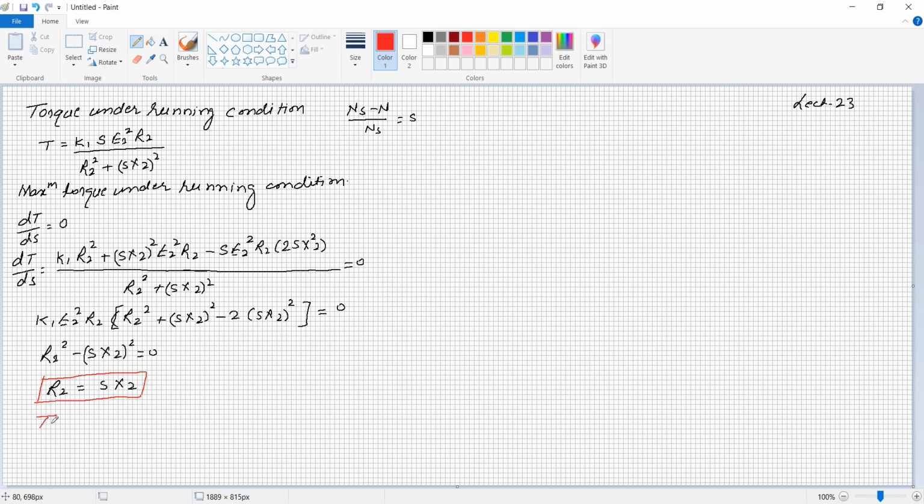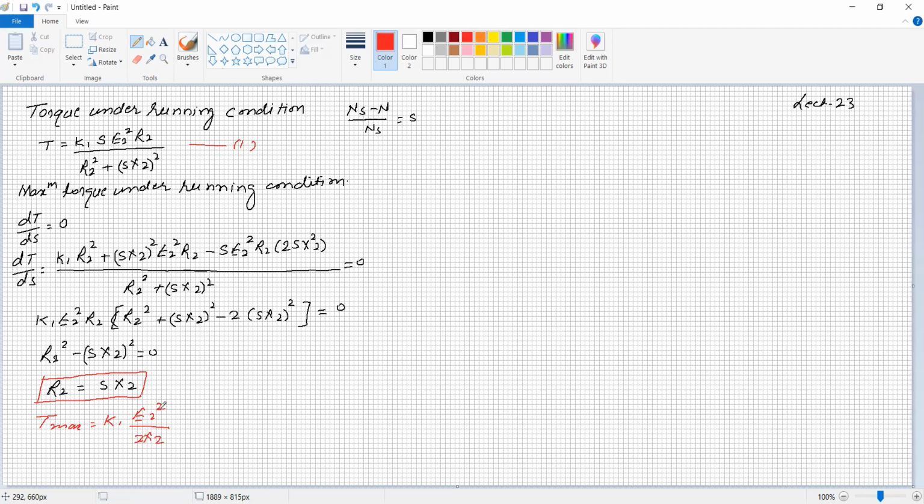Therefore, the maximum torque is equal to some constant K1 E2 square. If I put this condition into equation number 1, so after putting R2 is equal to Sx2, we get E2 square upon twice X2.